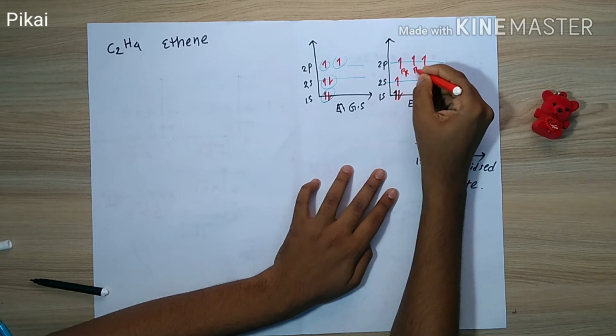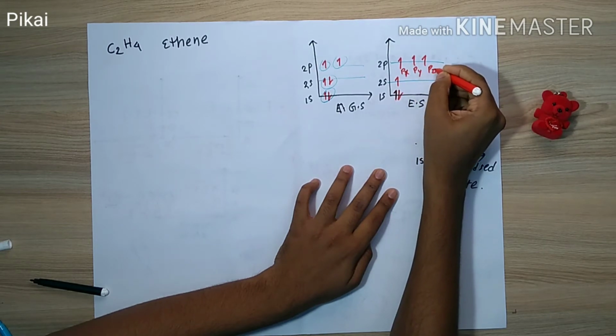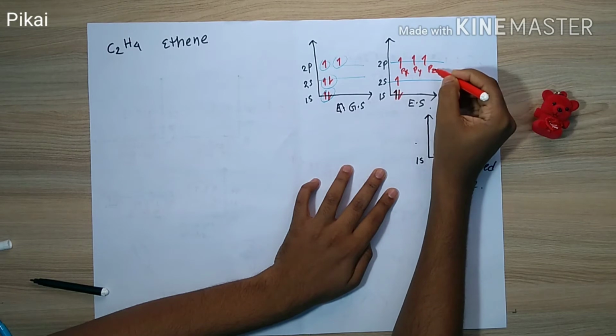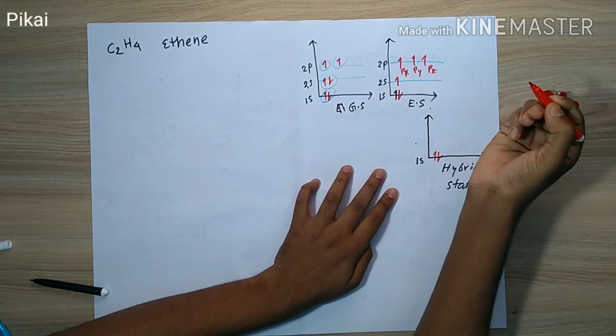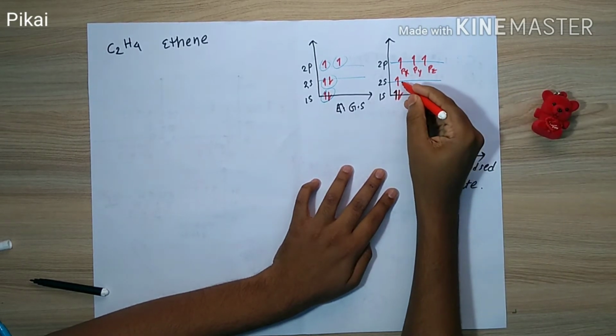And remember again, the p orbital is dumbbell shaped and the s orbital is spherical shaped.